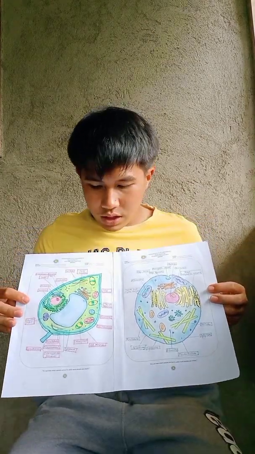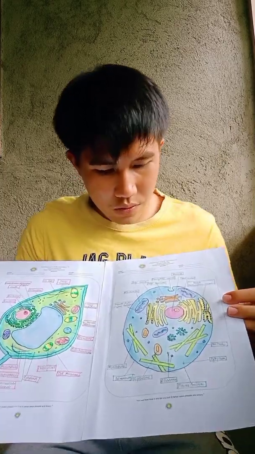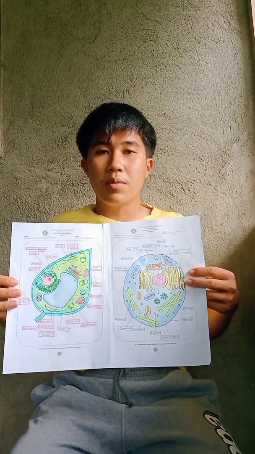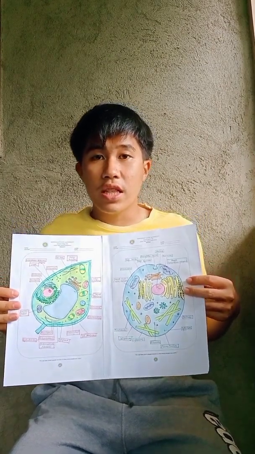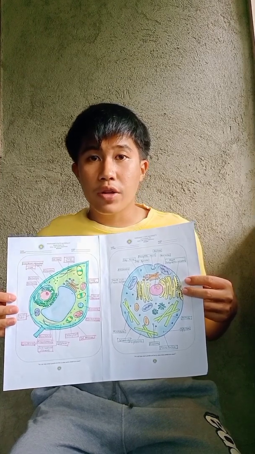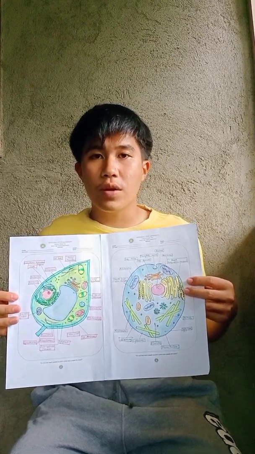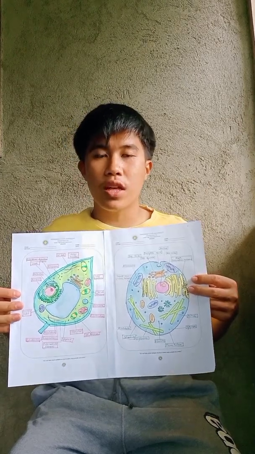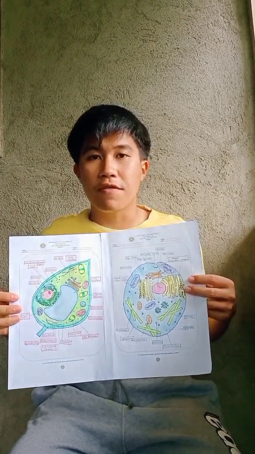The other one is the smooth endoplasmic reticulum. Here and here. The smooth endoplasmic reticulum is associated with lipid manufacture and metabolism, steroid production, and hormone production. It has a detoxification function. That's its function, to detoxify.